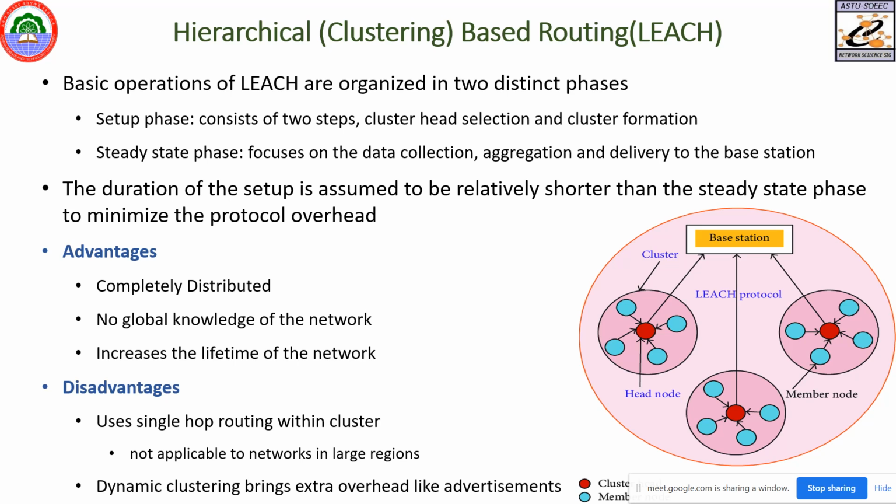When we are dealing with large networks, this protocol is not applicable. The dynamic clustering approach adopted by LEACH incurs additional overhead in terms of advertisements, which will consume a lot of energy and which is undesirable for the sensor network. These are the limitations of this LEACH protocol.